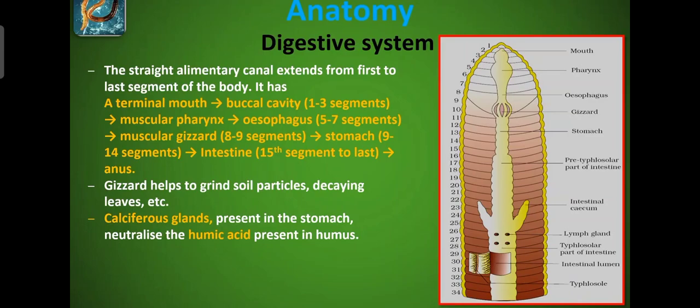Now the next point, which is very important, that we are going to study, is the digestive system of an earthworm. Here you can see the diagram in this slide. This diagram is very important for 5 marks. Draw a neat labelled diagram of the digestive system of earthworm, or it is also called the alimentary canal.